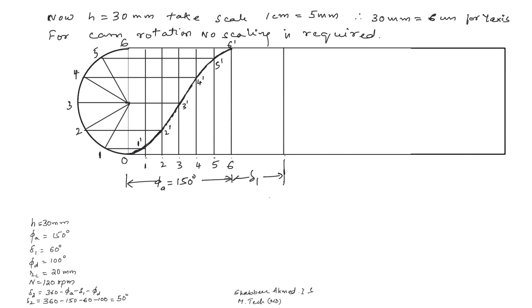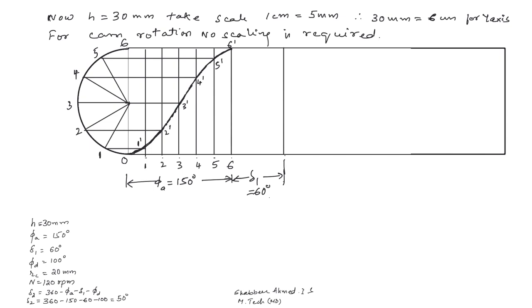You take any arbitrary length, you can take 2 centimeters, 3 centimeters or 4 centimeters or whatever it is. I told you there is no need to have any scale in the x direction. So the delta 1 value is given as 60 degrees. So you mark some length, it's okay.